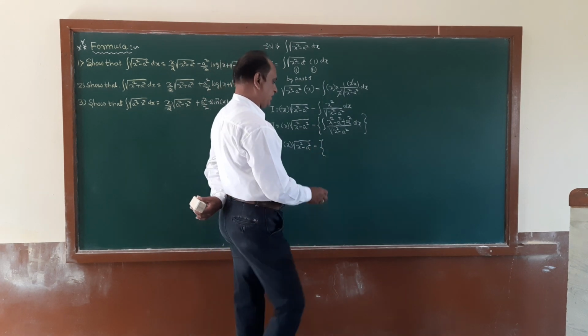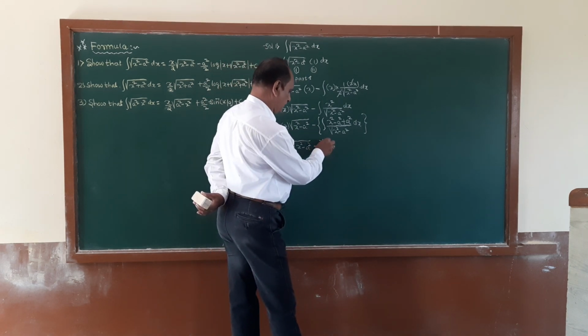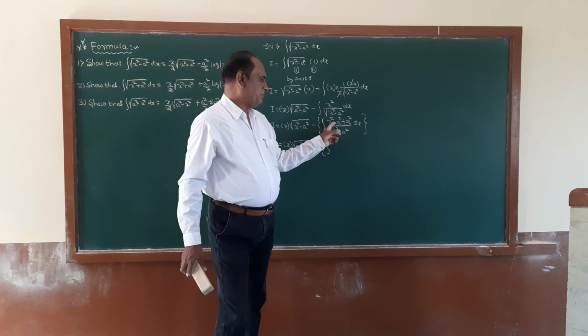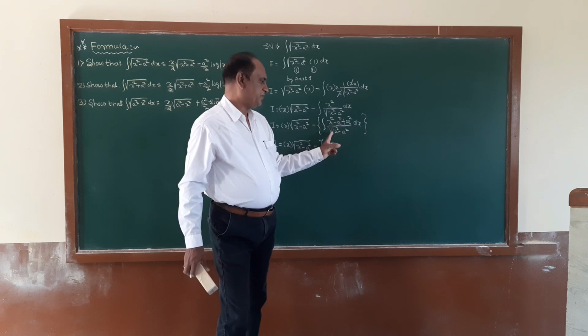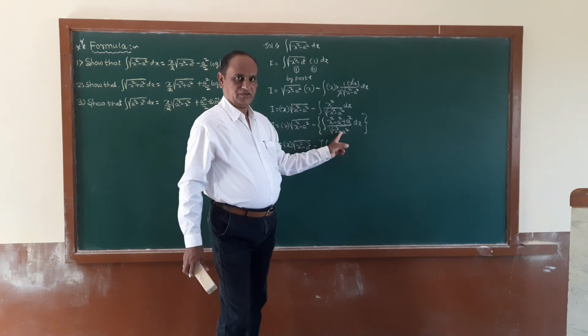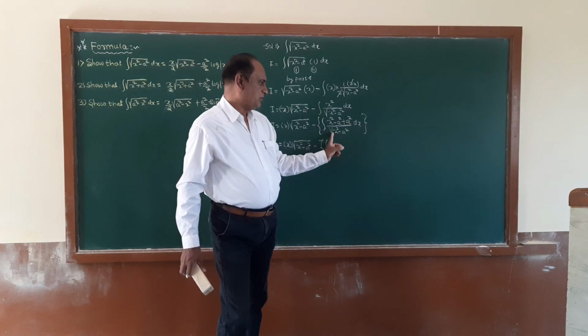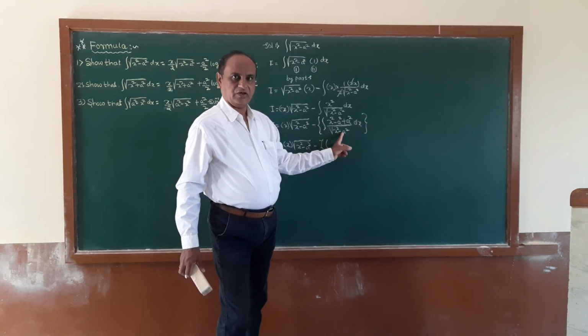After completing the flower bracket, the integral of, here two separate integrations should come. x square minus a square divided by the square root of x square minus a square is one term, then plus a square divided by root of x square minus a square is another term.